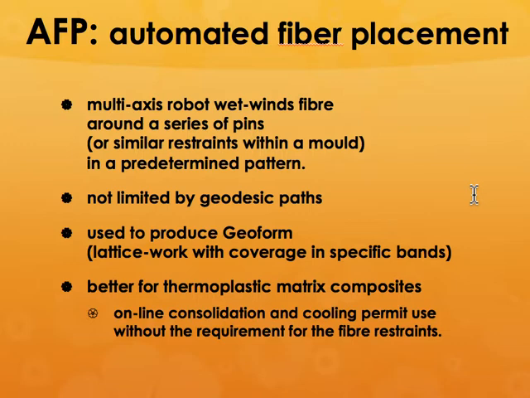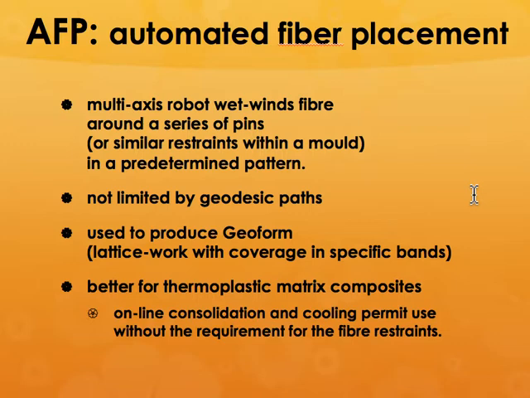You can also have a fiber tow dragged through a matrix resin bath so that you can have very good wetting of the fiber, and use that to lay it down and place it in the automated form.